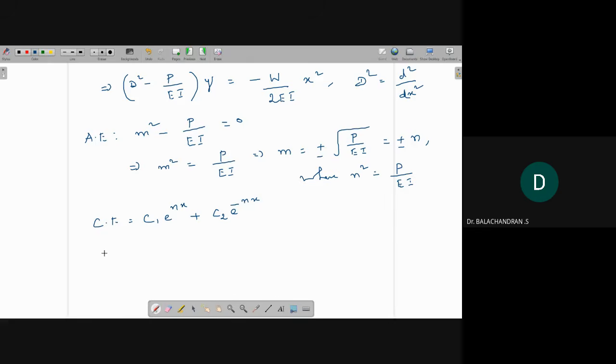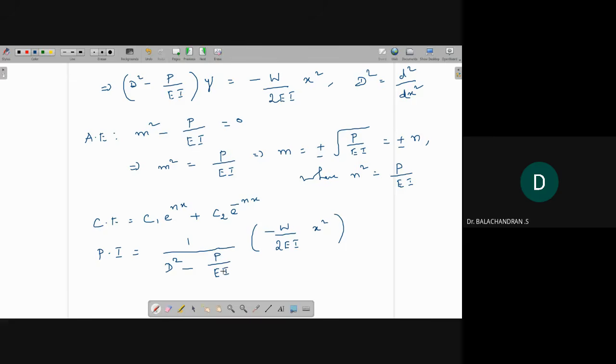Now the particular integral. What is the PI? PI equal to 1 by d square minus P divided by EI into the right hand side, which is minus w by 2EI into x square. This is an algebraic function, so it is type 3. We should write the denominator in the form of 1 plus x or 1 minus x.